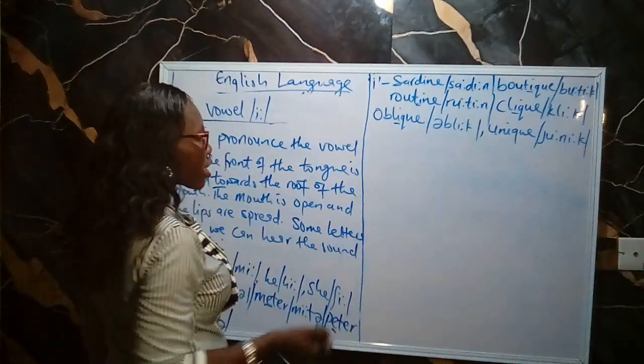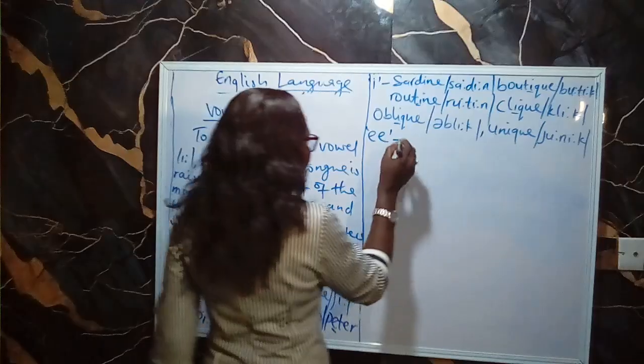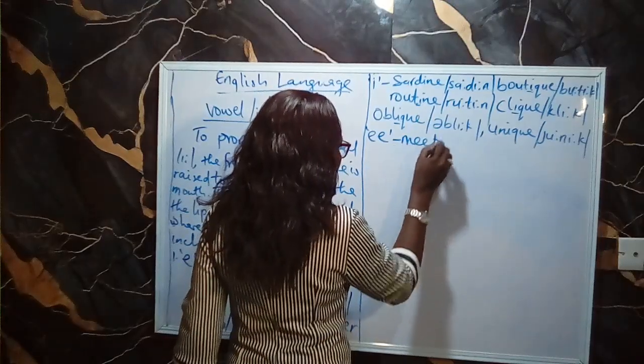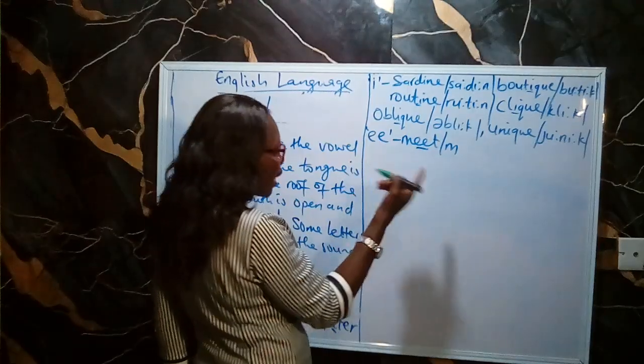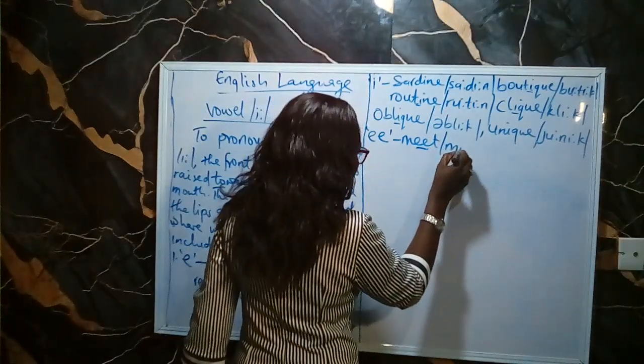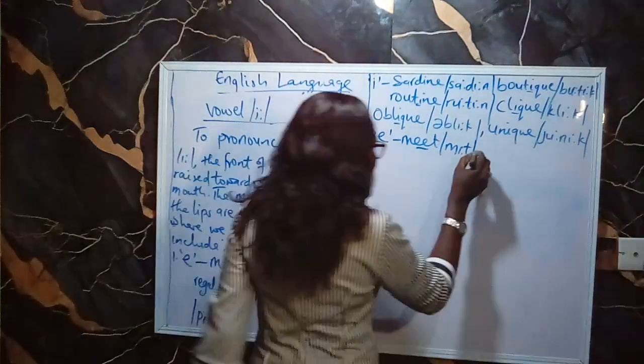Right? We can also see it in letter EE, as in meat. Where we see EE, we put the sound E. Okay? Then need.